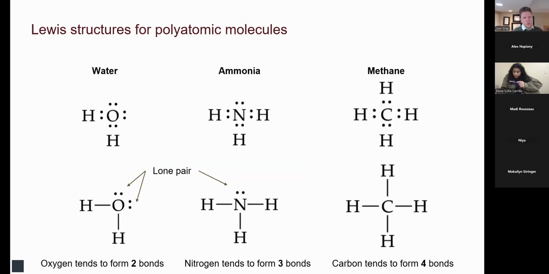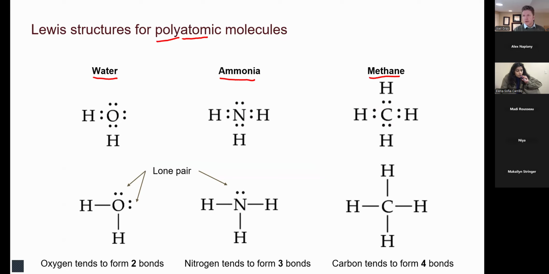Now, Lewis structures for polyatomic molecules. Polyatoms, multiple atoms. Polyatomic molecules: water, ammonia, methane. These are all polyatomic molecules because they have multiple varieties of atoms.